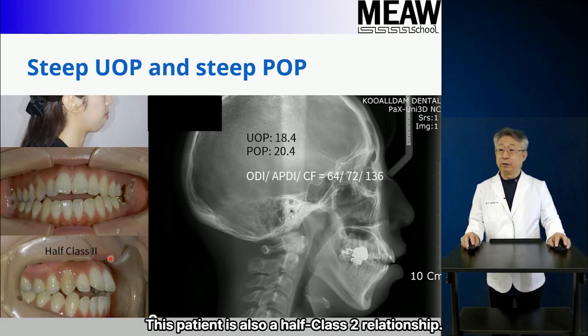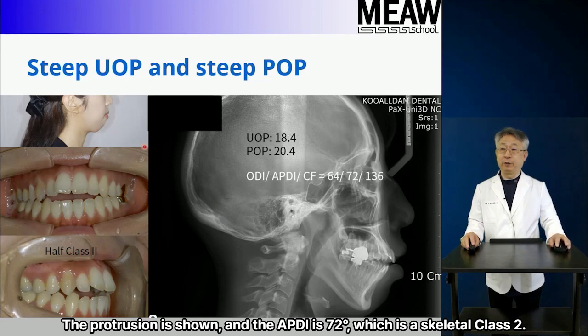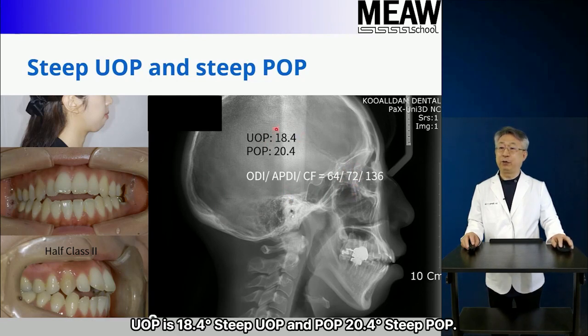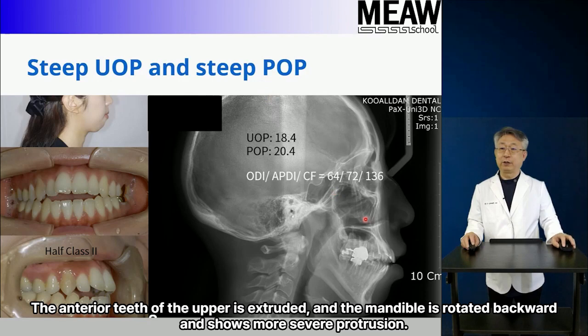This patient is also a half Class 2 relationship. The protrusion is shown, and the APDI is 72, which is a skeletal Class 2. UOP is 18.4 steep UOP and POP 20.4 steep POP. The upper anterior teeth are extruded, and the mandible is rotated backward and shows more severe protrusion.